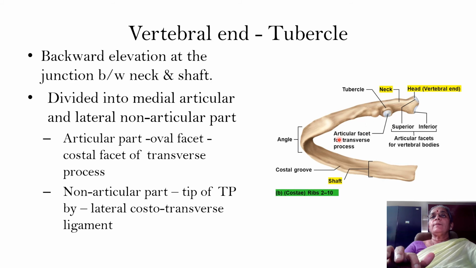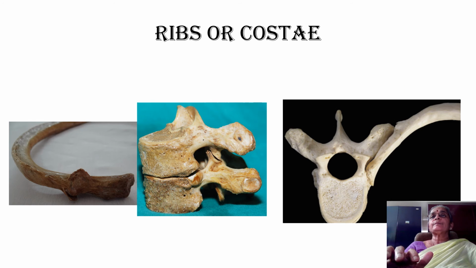The non-articular part will articulate with the tip of the transverse process by a ligament known as the lateral costotransverse ligament. Now you can see the head of the rib with the two facets and the ridge between.